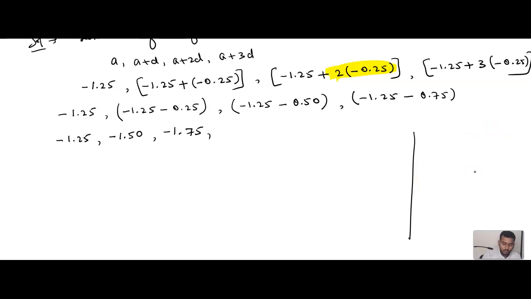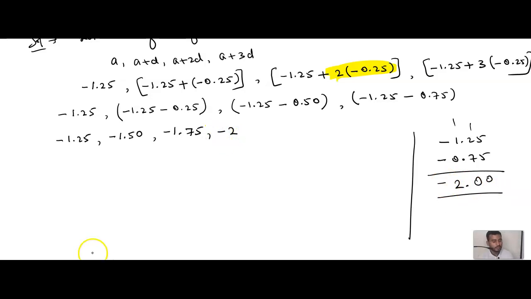Similarly, what is the next calculation? Minus 1.25 minus 0.75. Both are minus, we write minus, but we add. 5 plus 5 is 10, 7 plus 2 is 9, 9 plus 1 is 10, 0, point as it is, 1 carry. 1 plus 1 is 2, that's nothing but minus 2.0, that's nothing but minus 2.